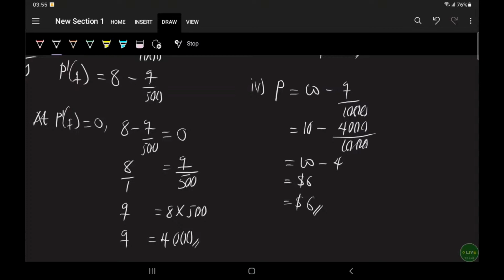Is that okay? So sometimes the question might tell you at what production level will help us to maximize profit, or at what production level will help us to maximize revenue. It's the same thing as find the maximum revenue, find the maximum profit, whether it's a minimum or maximum. Is that okay? So always follow suit to the problem and work along in that.